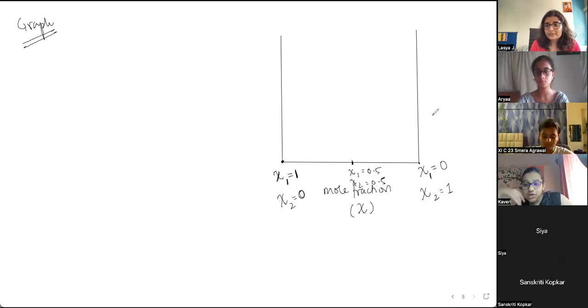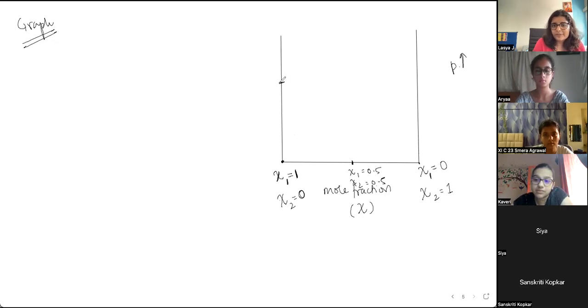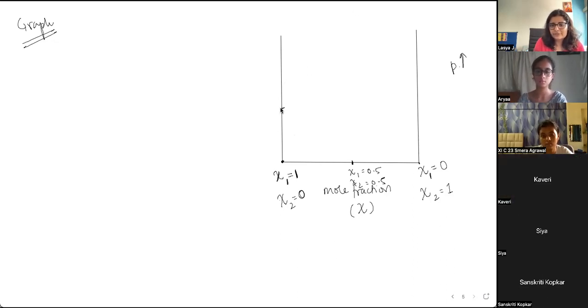This graph is what we just did, the increase or decrease. On the y-axis, we will consider the partial pressure. When it is purely component 1, the vapor pressure will be that of pure component 1, so let's say it's somewhere over here.